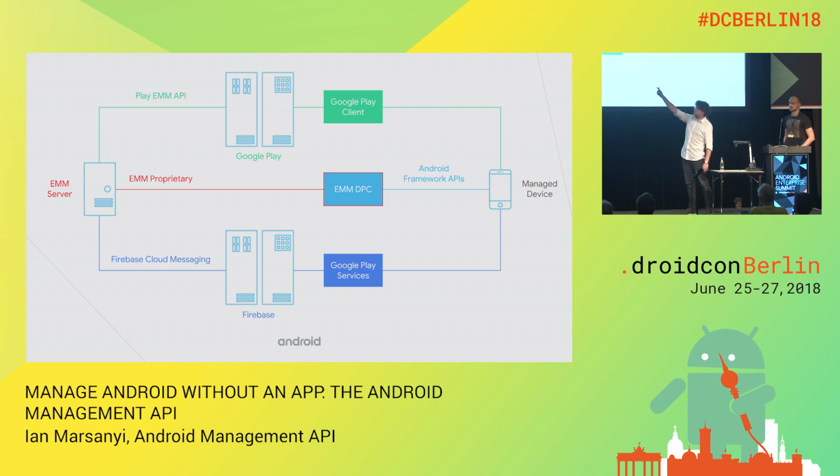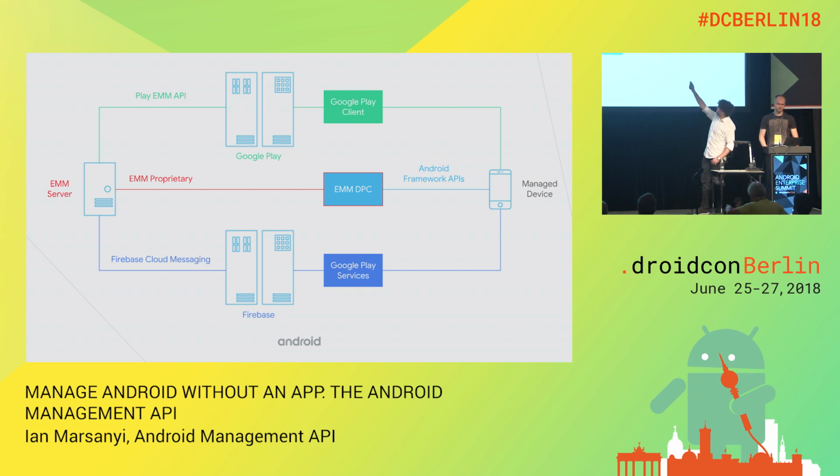One channel is your proprietary communication with your application on the device, which we'll refer to as a DPC. That's just a term we added. We love terms over at Android Enterprise. We have terms for everything. DPC is a device policy controller, and that allows you to claim elevated privileges on the device and then set management features using those APIs.